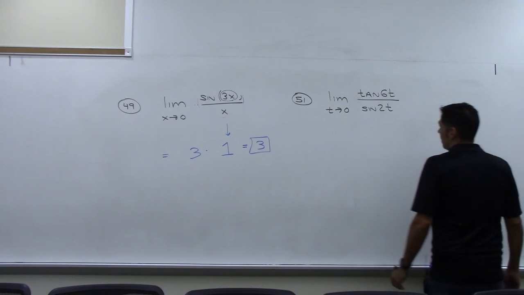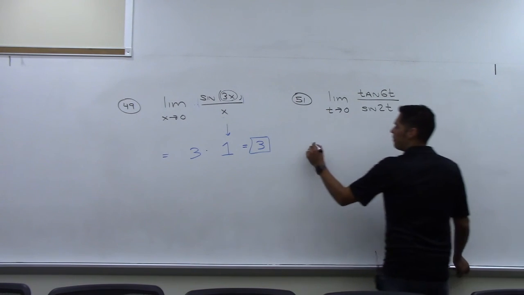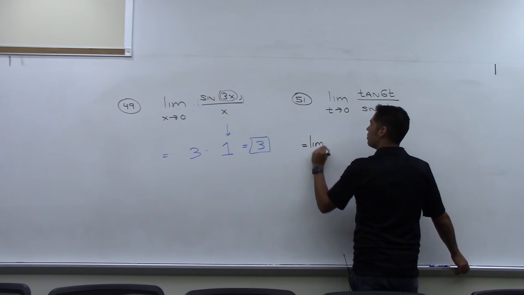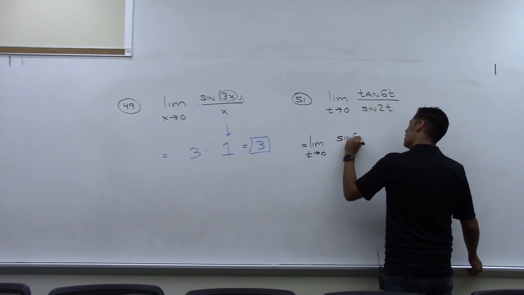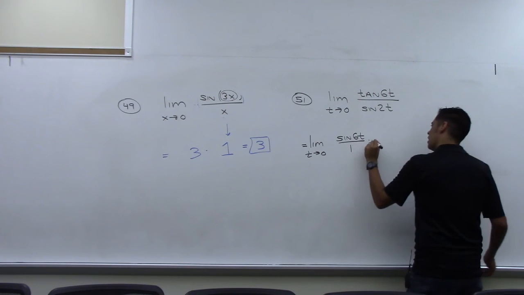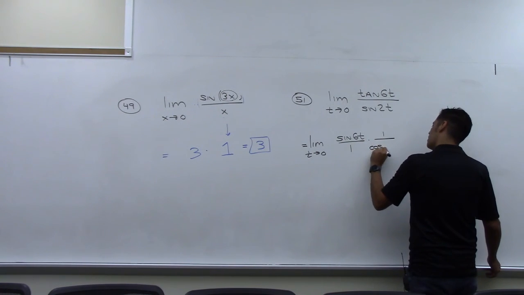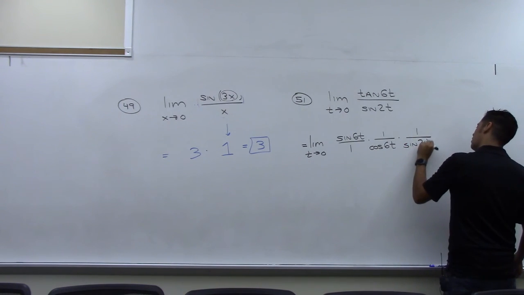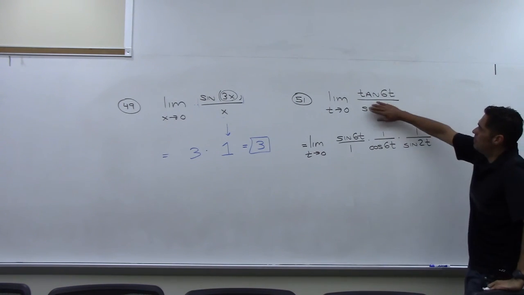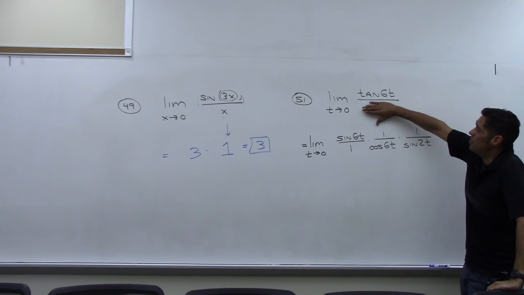Now, I'm sure I showed you this in class too, so I'm not too worried about doing this. Sine 6t over 1 times 1 over cosine 6t times 1 over sine 2t. So all I've done is I've taken the definition of tangent as sine over cosine.